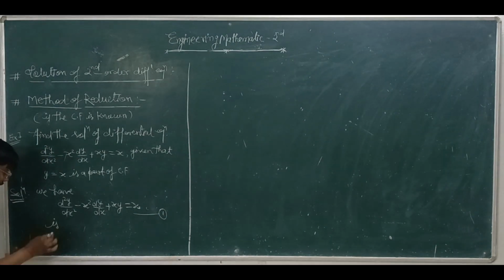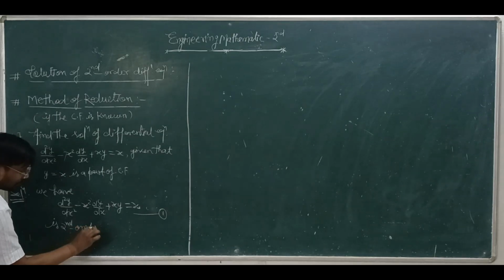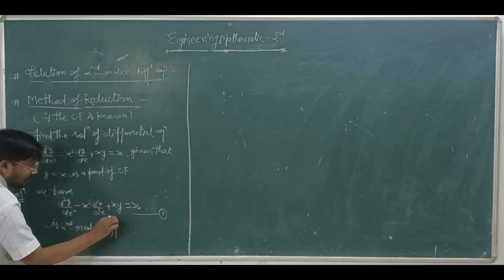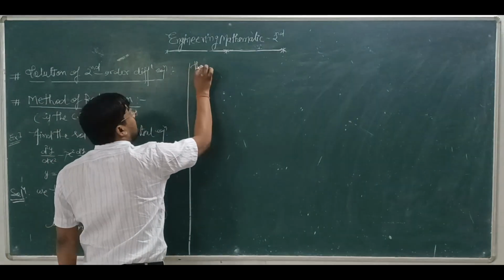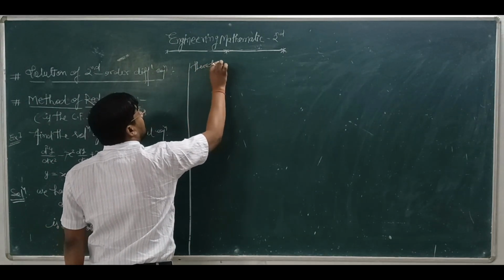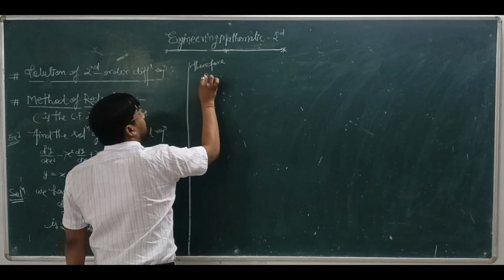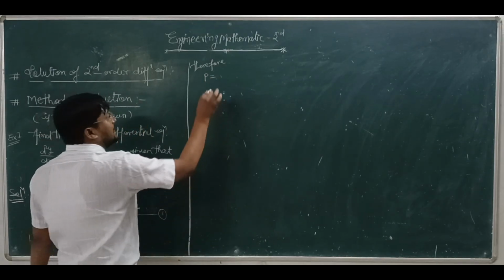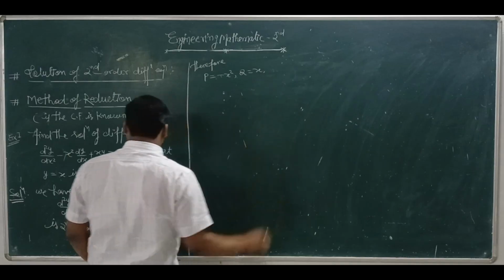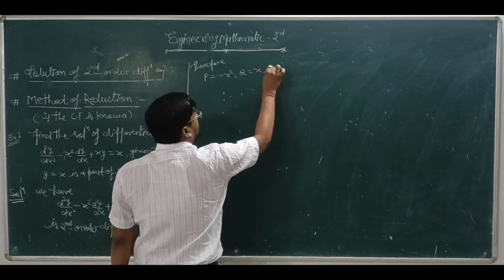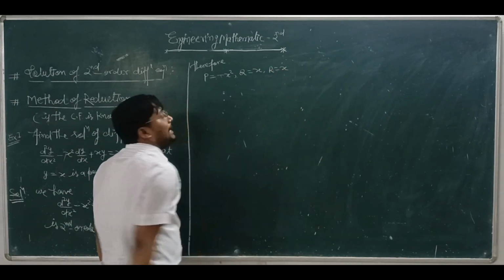Therefore p is equal to minus x square, q is equal to x, and r is also equal to x.